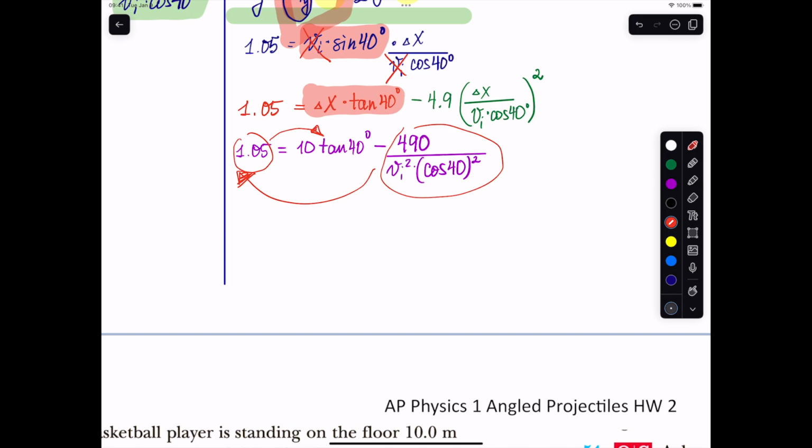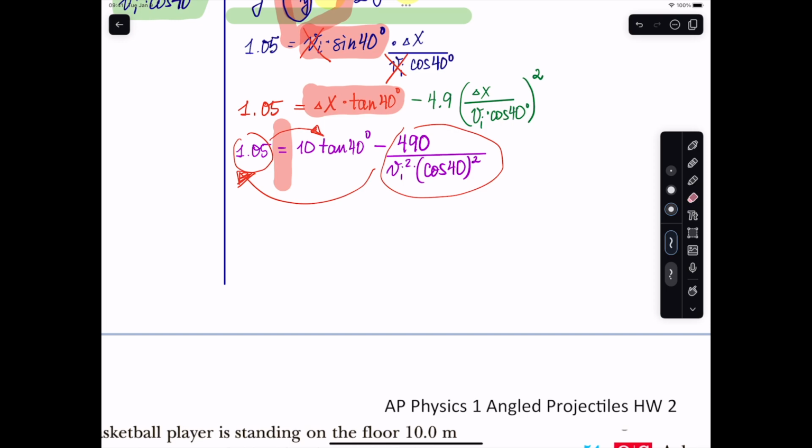And when you cross the line, meaning the equation line, you change the sign. So overall, I'm going to say 490 over V initial. Well, actually, you know what? I'm going to do a shortcut.